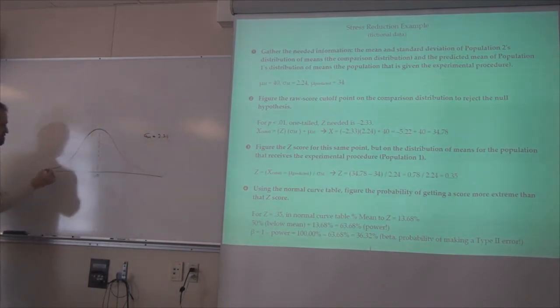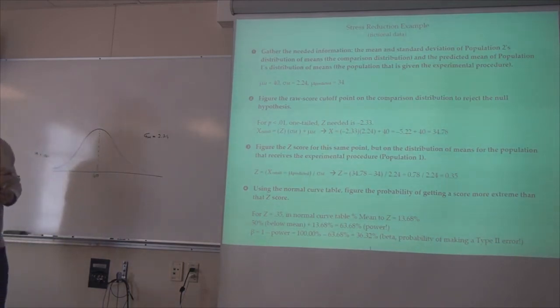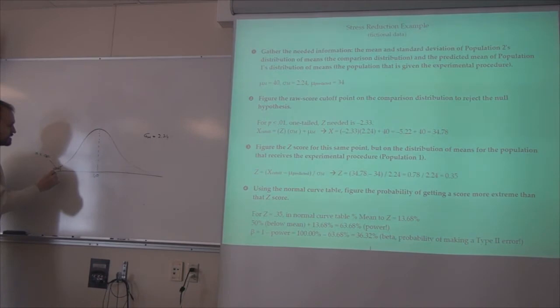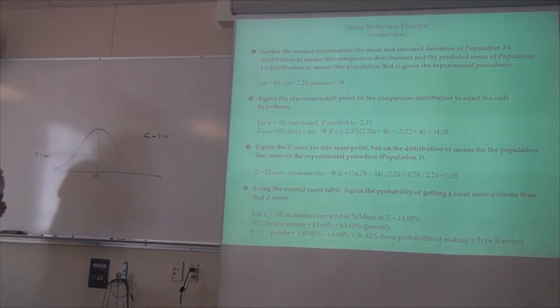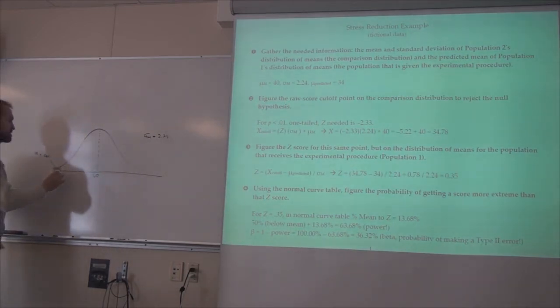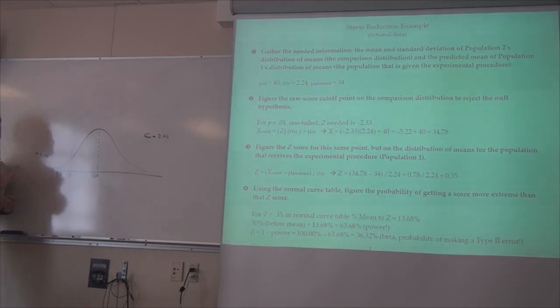That's my cutoff, so that this little region here is 0.01, and that's alpha. So that gives me a Z score here of negative 2.33, way out there. I want to be nice and extreme before rejecting the null hypothesis.